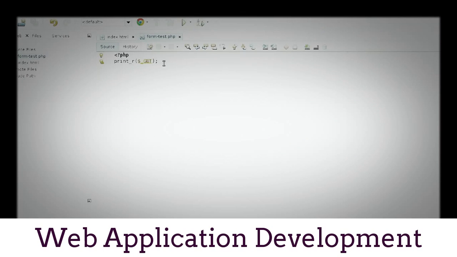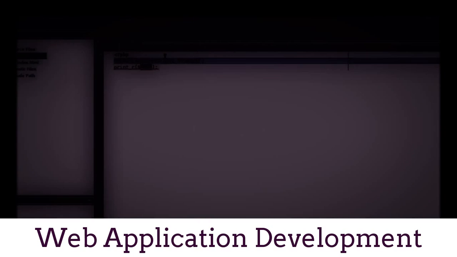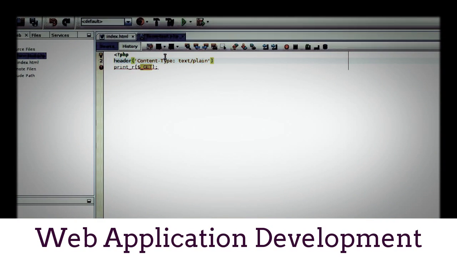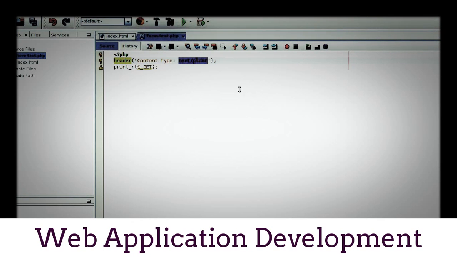So to fix that problem, all we have to do is put header. So let the PHP tell the browser that the content type of the response is text/plain. So header is the PHP function that will generate an HTTP header. This is the name of the header, Content-Type, and this is the value of the header, text/plain.